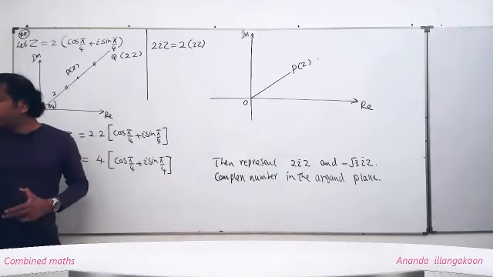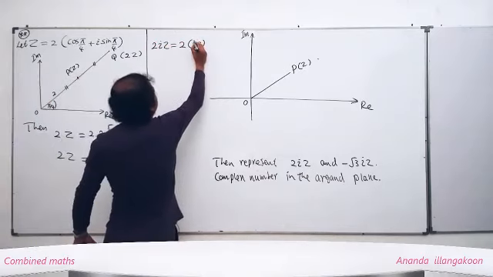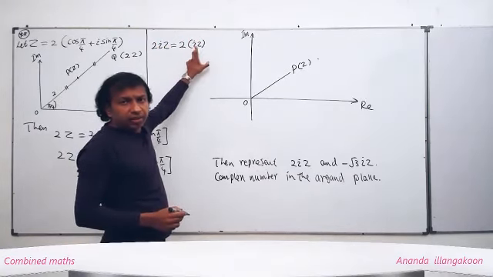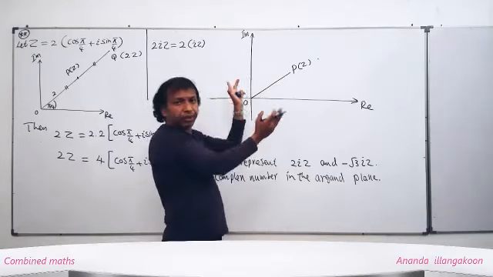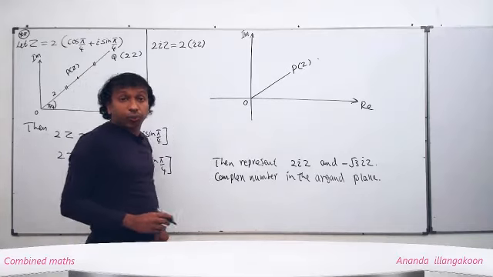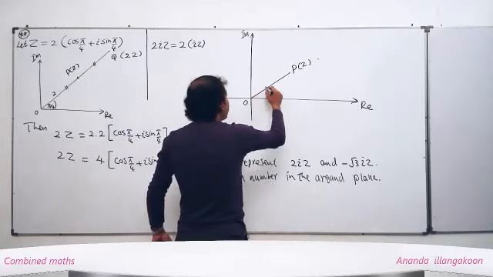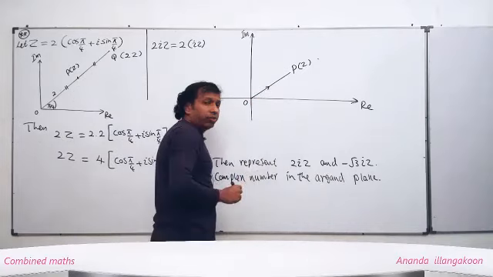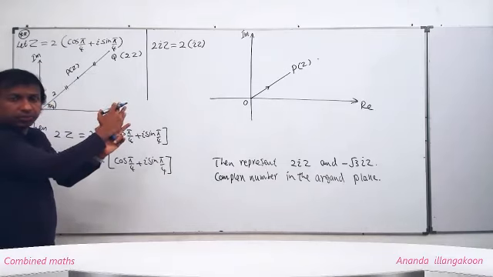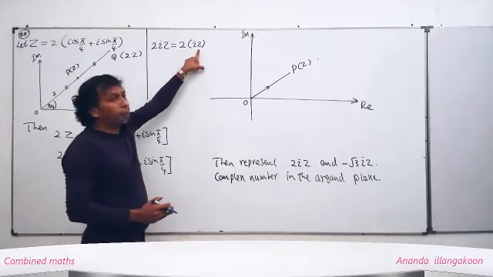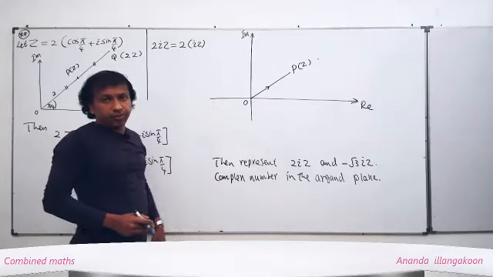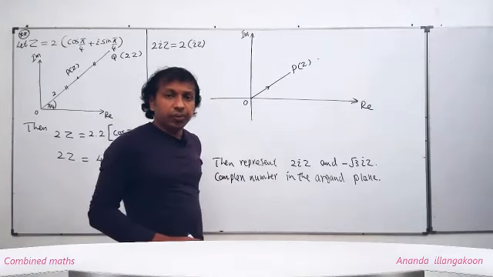First, I am going to represent this iZ complex number. iZ complex number means multiplying Z complex number by i. That means this line segment you have to rotate by an angle 90 in anticlockwise about the point O, because the line segment is starting from origin. Then about the origin only we have to rotate. Then rotate it in anticlockwise sense by an angle 90. Then we get this. That should be multiplied by 2. Then people, that length we have to double it. Then at the ending point we have 2iZ.